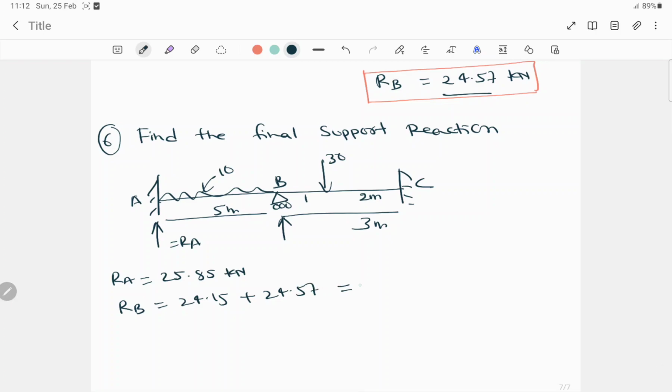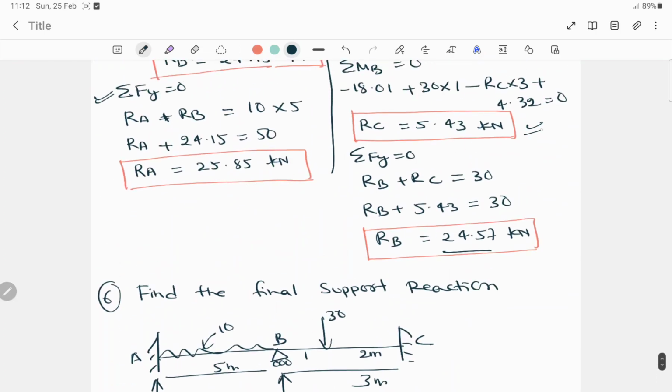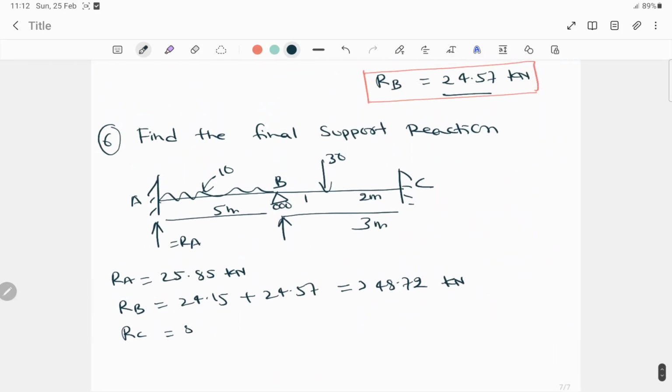So we'll get the value around 48.72, right? 48.72 kilonewton, and RC value is equal to this one, 5.43 kilonewton. So these are our final support reaction values.